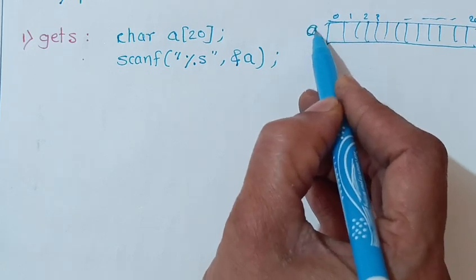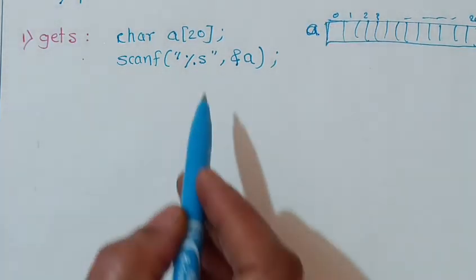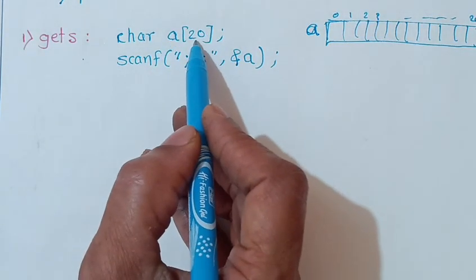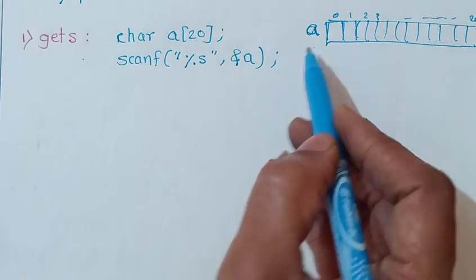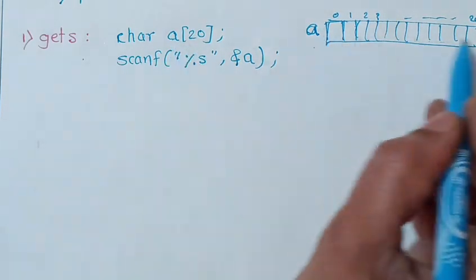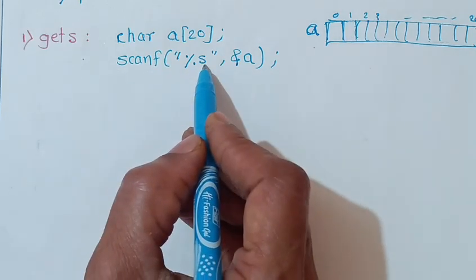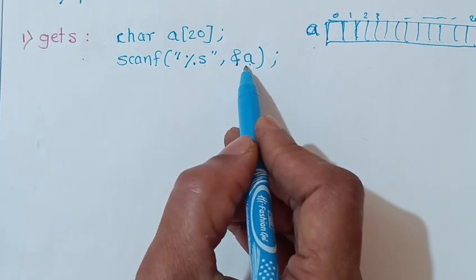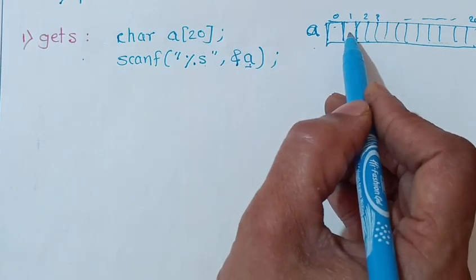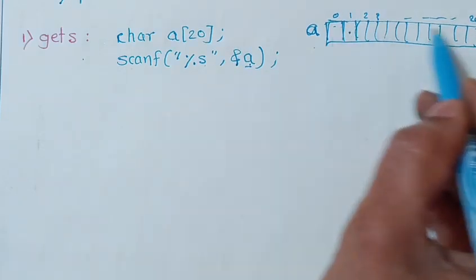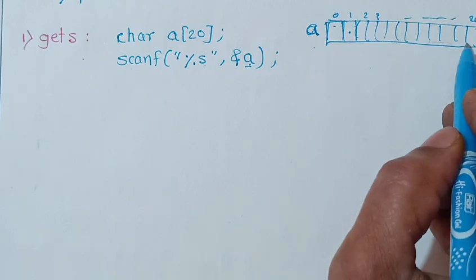The name of this is a, so size of a is 20, and we can store 20 characters here. We can read these characters using scanf with %s and the address of a. The first character will be stored in a[0], the second in a[1], and in that way all characters will be stored.